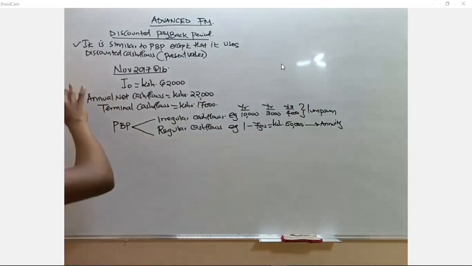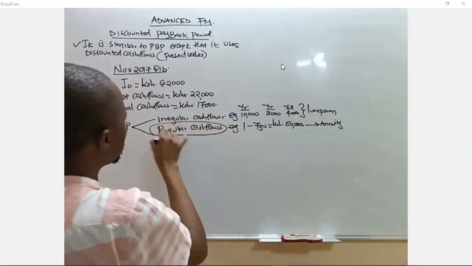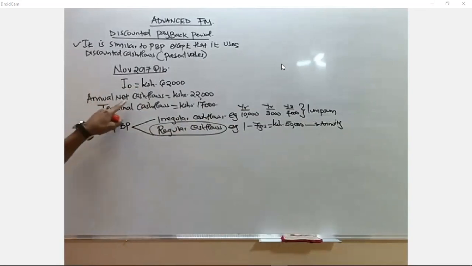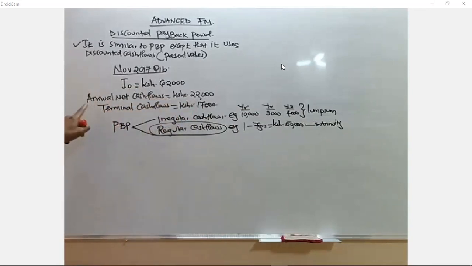So I can use this illustration in the 2 scenarios. I can do it with regular cash flows, because you can see we have the annual net cash flows of 22,000, right? And then we have our initial outlay of 62. We say the PPP is the duration taken to recover the initial outlay. So how do we normally get our PPP?